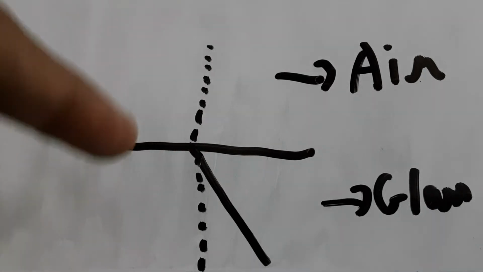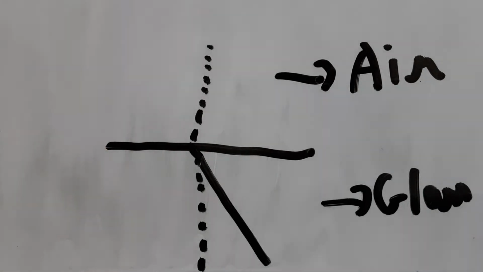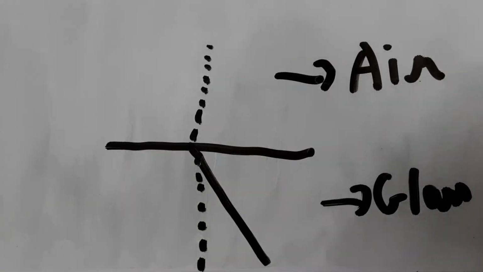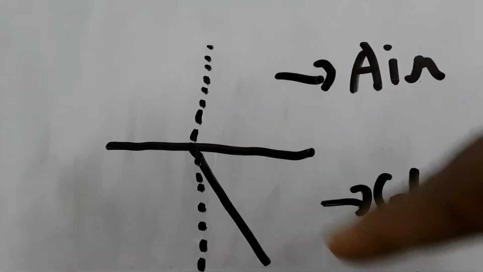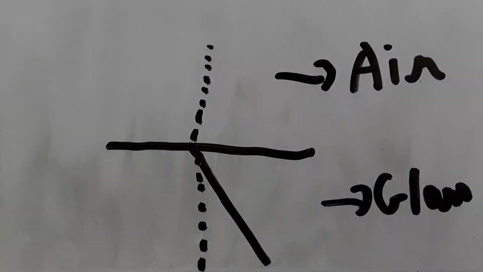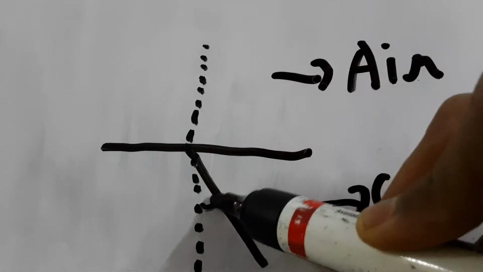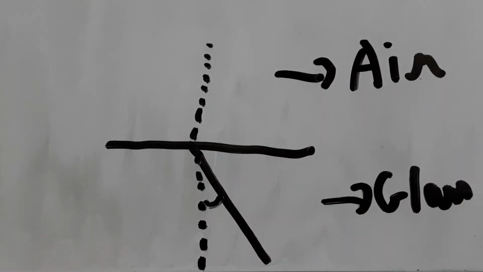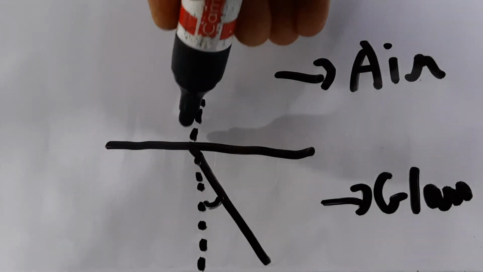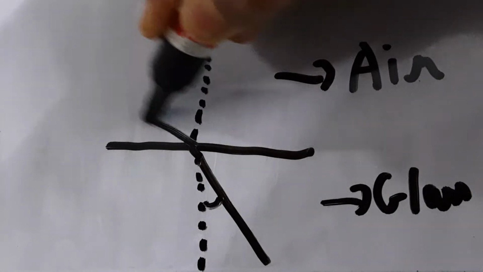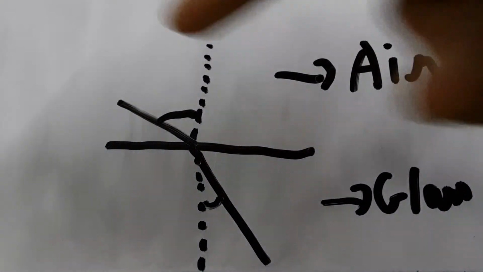Now there is a rule for where it will get bent. Scientists and physicists have understood this concept and told that when it is moving from glass to air, as you can see, the angle made by the incident ray and the normal, the refracted angle should always be greater.